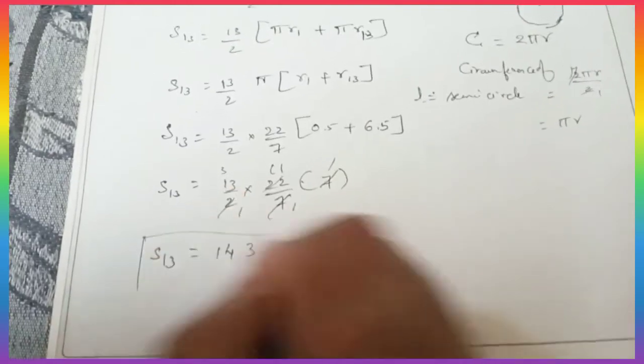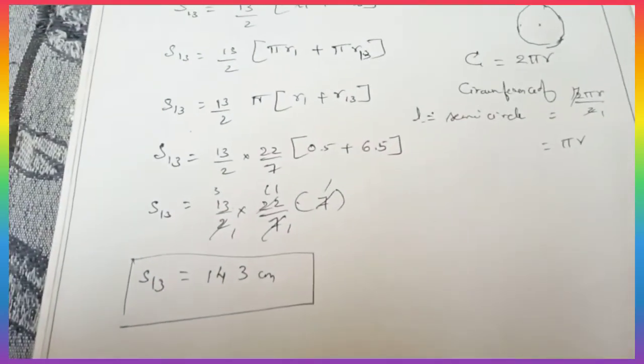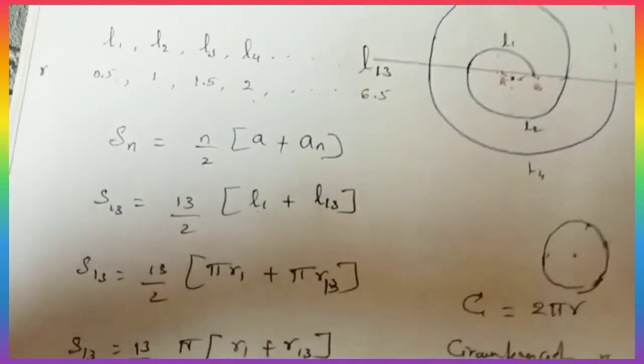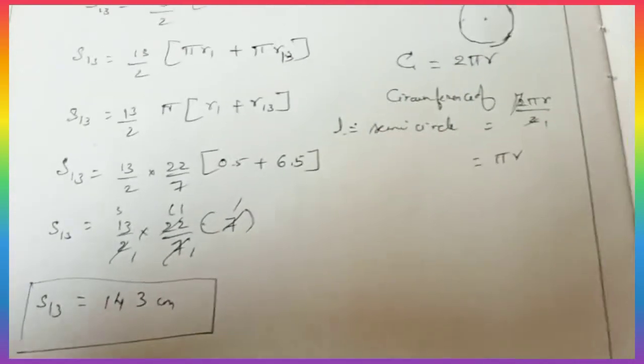So the sum of 13 consecutive semicircles of a spiral is 143 centimeters.